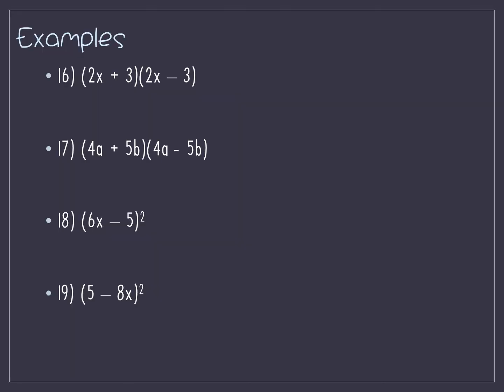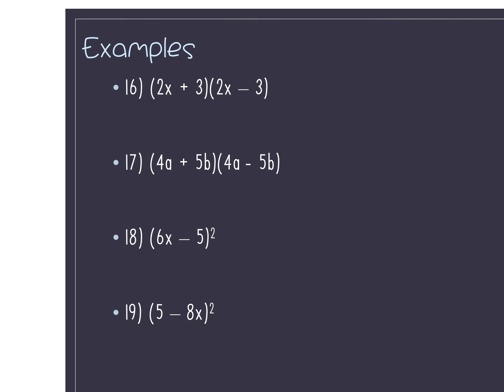So if you notice on number 16, they have exactly the same numbers, but one has a plus sign and then the other one has a minus sign. So what's going to result here after I FOIL this is going to be the difference of 2 squares. What's going to happen here is the outer and the inner are going to cancel. So I'm going to go ahead and FOIL.